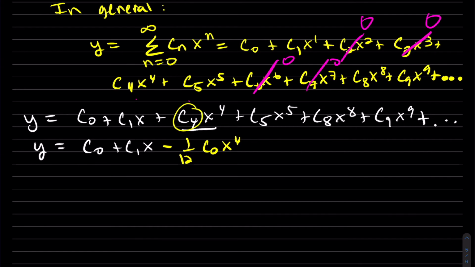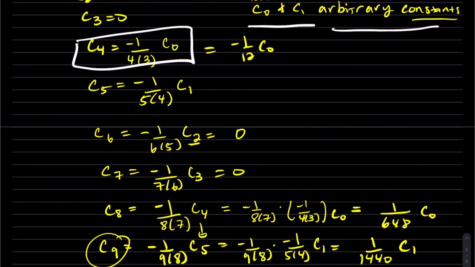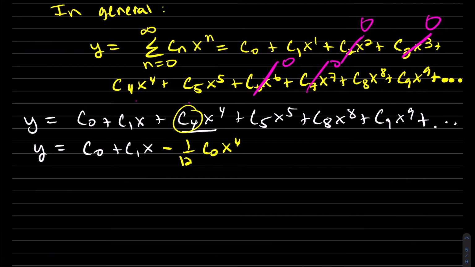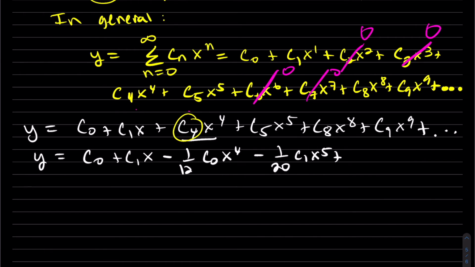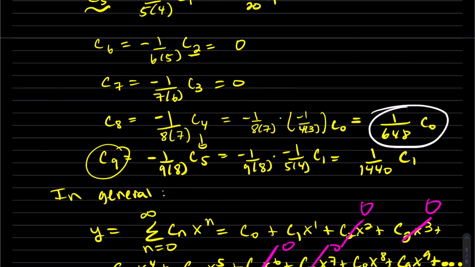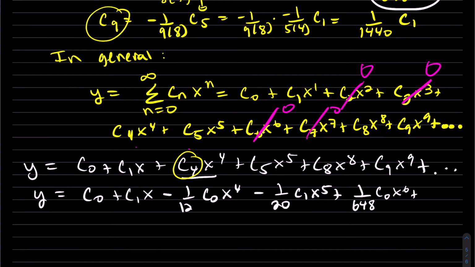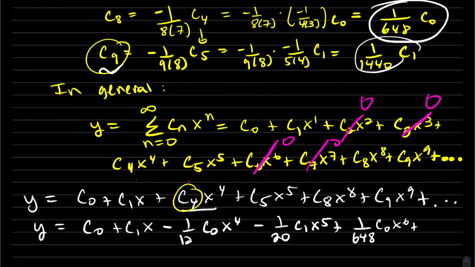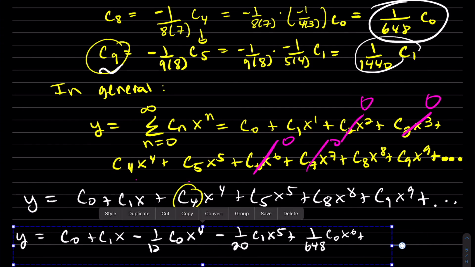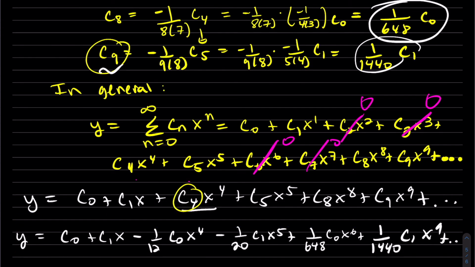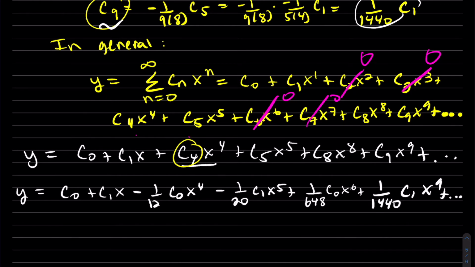The C5, that's minus 1/20 C1. That's my C5. Plus C9 is right here. I'm going to shrink this a little bit because I do want it to fit on one row. Not that it really matters. And it goes on and on.